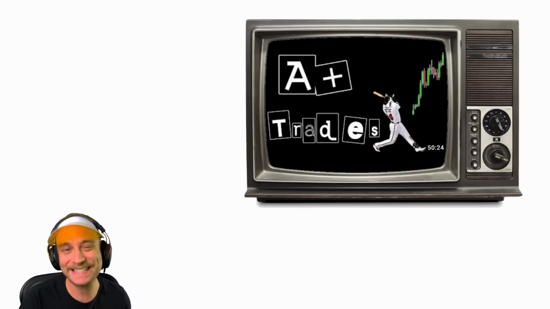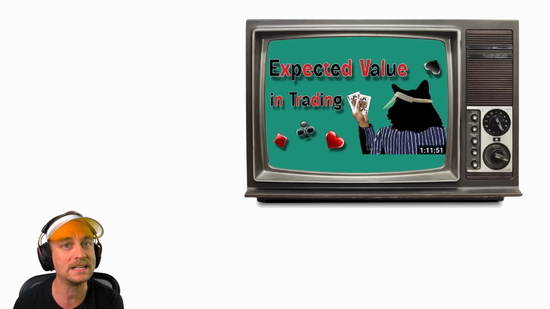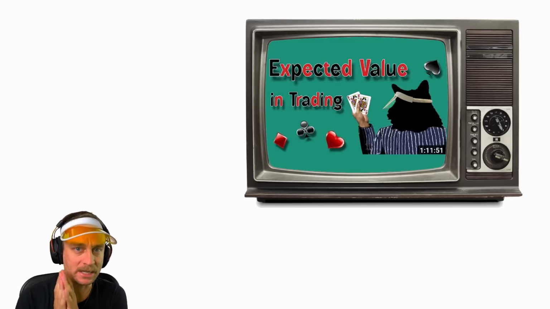Risk to reward is dynamic and it is dependent on expected value. I have a video on expected value. If you don't know what that is, you definitely must watch expected value. Because a lot of traders come out here and what they do is they just say, I take 5-to-1 risk reward trades. That's not how it works. The way the market is chopping and moving is telling you what your risk to reward is.